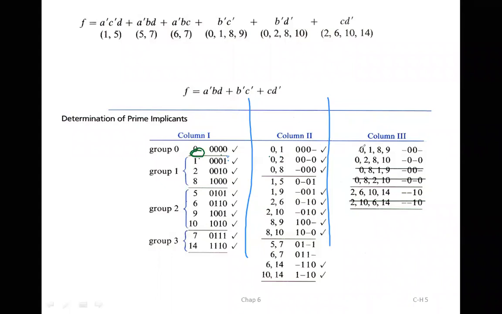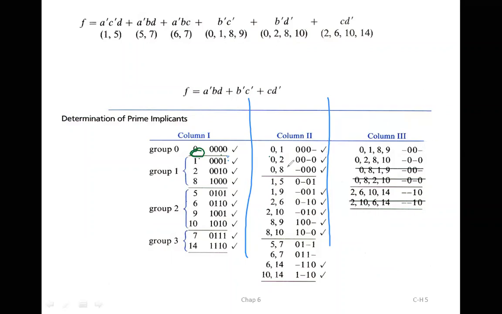So what is the first one which I'll get? 0, 1, 8, 9. What is the difference? 0 has changed to 1. So I have to put a hyphen. Next what? Remaining 2 bits are as it is. For the last bit, in both the cases it is the hyphen.